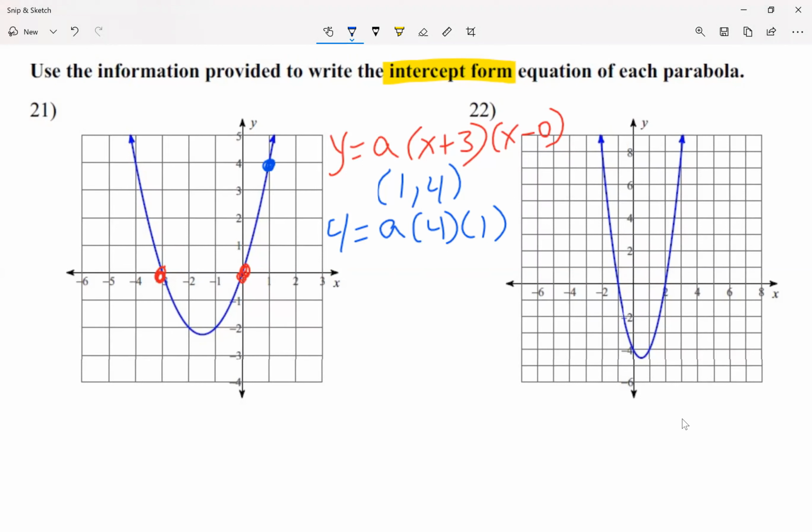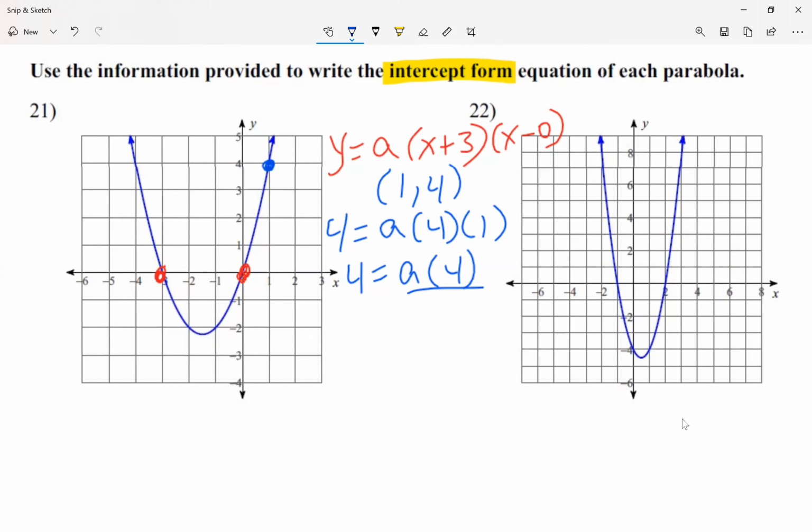Notice that I was using 1 for x, so 1 plus 3 gave me 4. 1 minus 0 gave me 1. So I have that 4 is equal to a times 4. I multiply my two parentheses. 4 times 1 is 4.